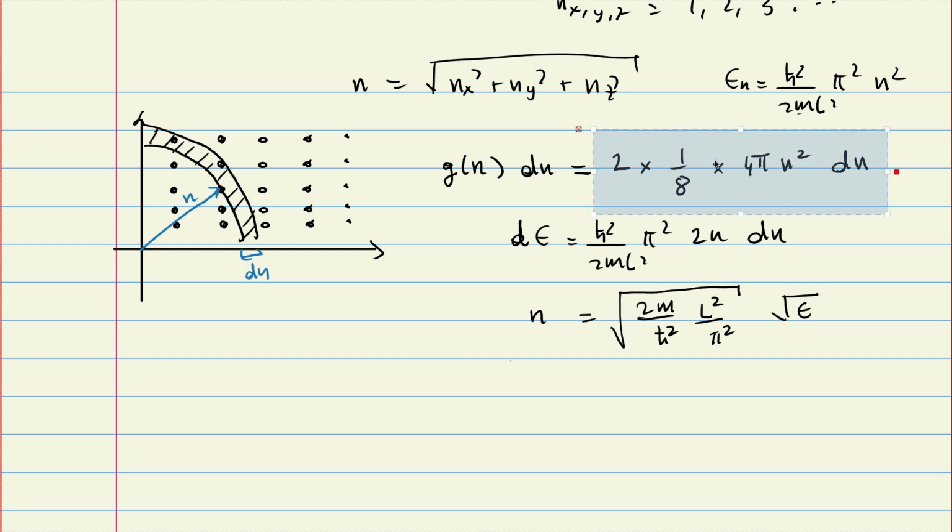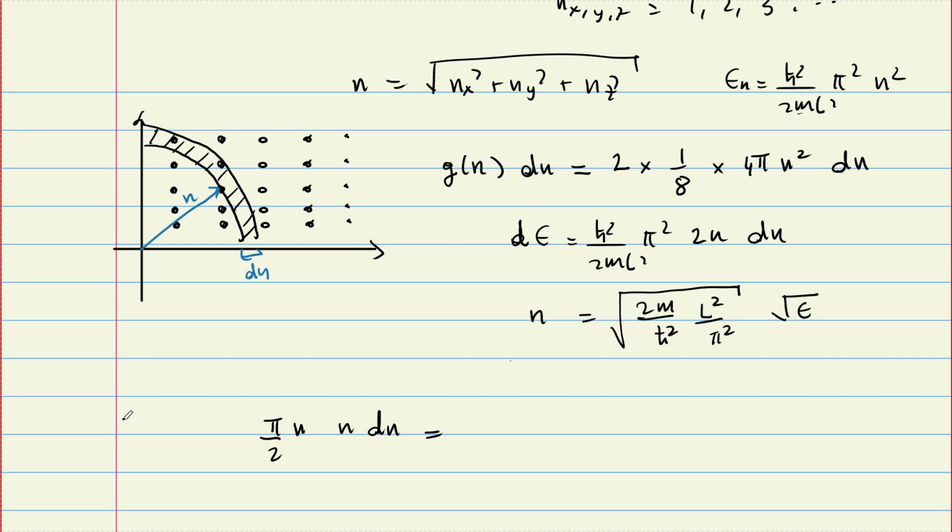So this guy, I'm going to write like n and dn. Cancel this with this, so this is going to be 2.